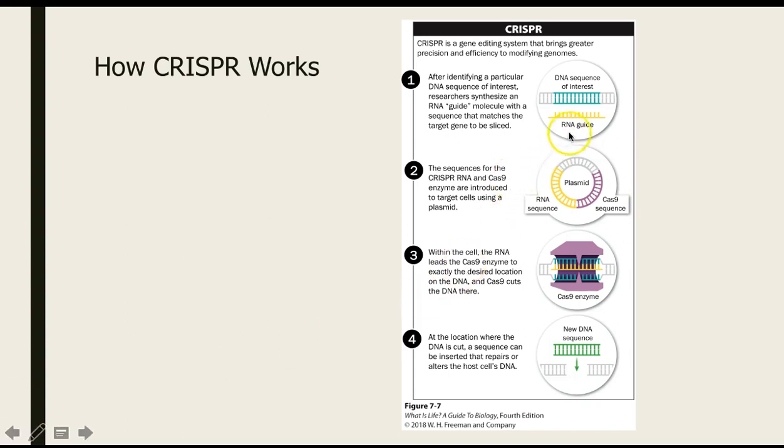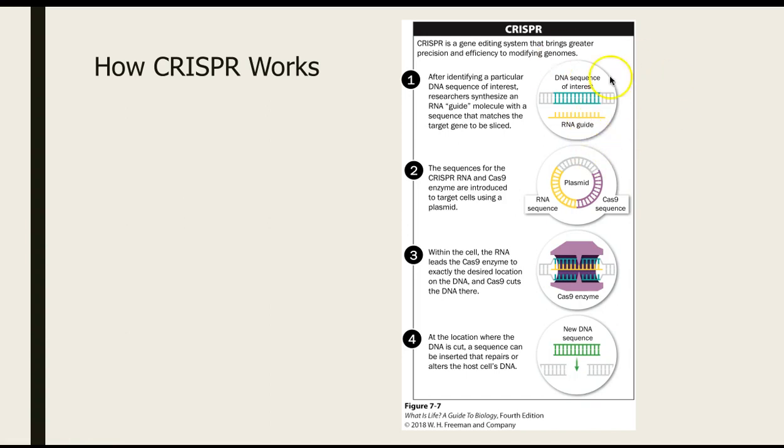So the first thing that we need to make is an RNA guide. There's your gene of interest, maybe the cystic fibrosis gene. We need to have this RNA guide, and this RNA guide just matches the DNA that you're interested in. Okay, so that's the first thing, following all those base pairing rules, A's with U's and C's with G's and so forth.